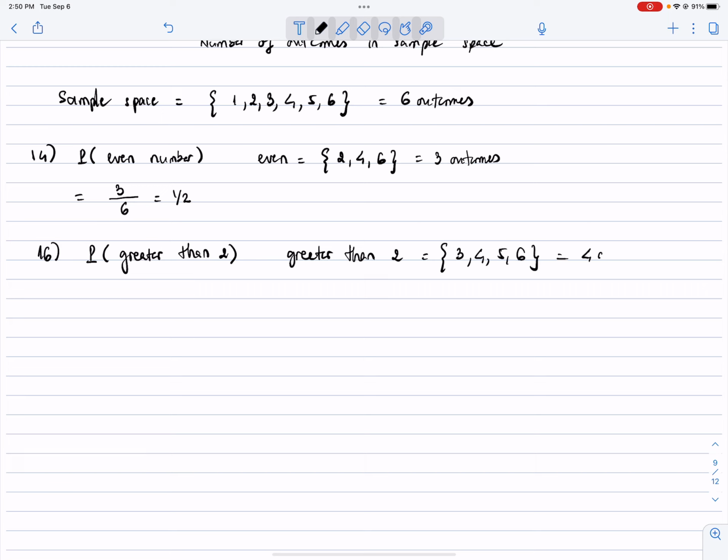So there are 4 outcomes. So the probability that we get greater than 2 is the number in the event, 4, divided by the sample space, 6. So the answer is 2/3.